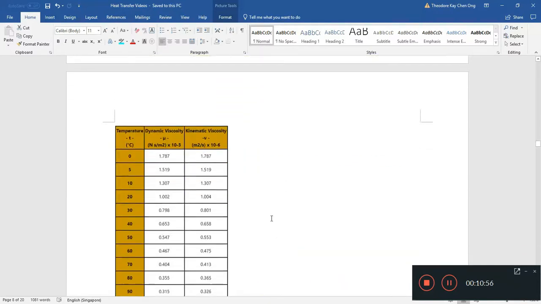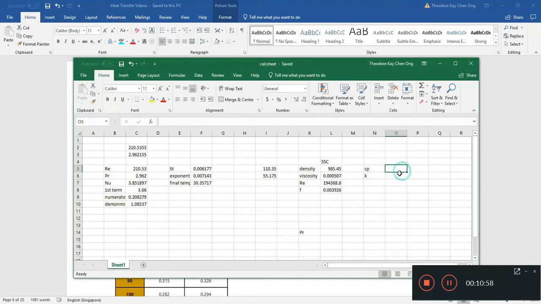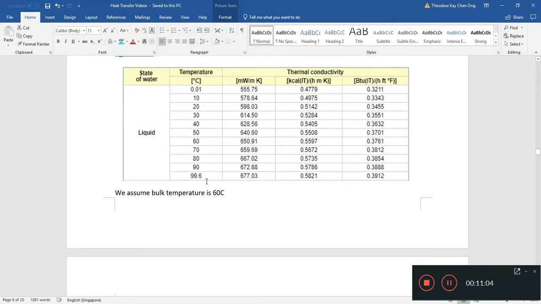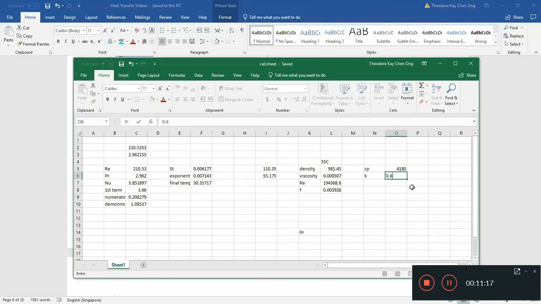Oh yeah, Cp is constant, right? 4180, that's assumed constant. Now let's look for the thermal conductivity. Here we just assume it's 0.645, because between 640 and 650, if you take the middle, it's 645. Alright, let's look for the Prandtl number at the bulk temperature.